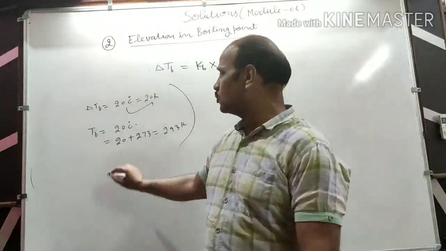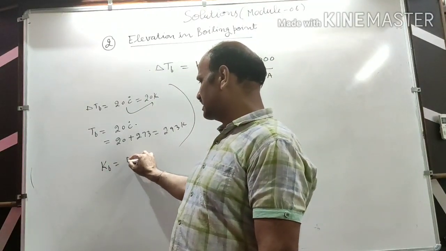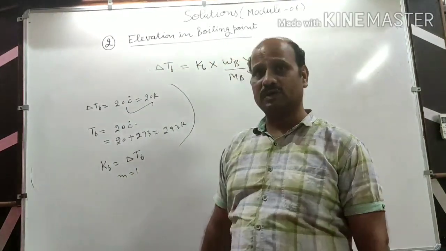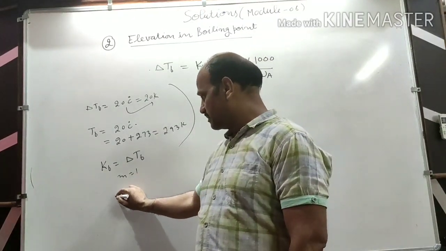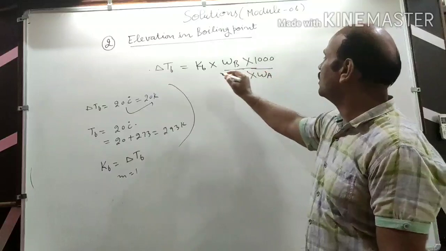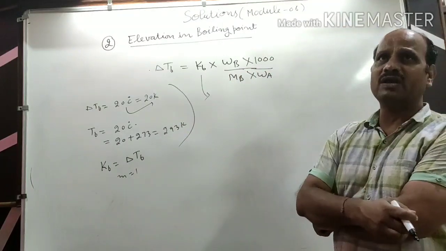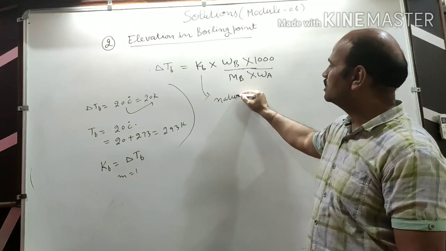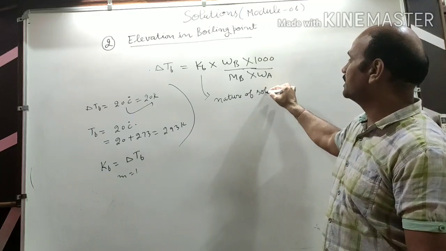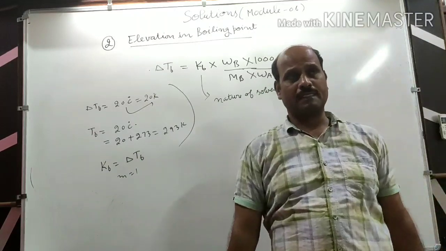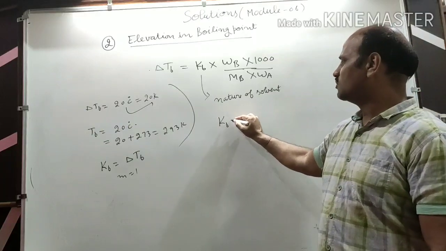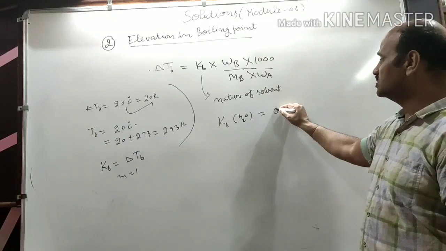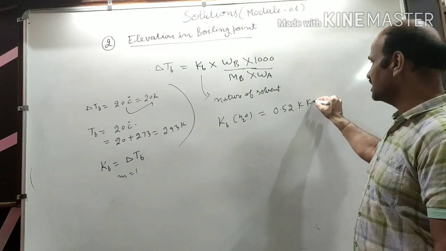And also in case of KB, it is equal to delta TB when molality is 1. This KB, the ebullioscopic constant or molal elevation constant, depends on the nature of the solvent. For water, the universal solvent, the value is 0.52 Kelvin kg per mole.